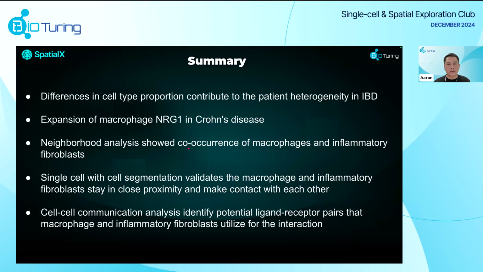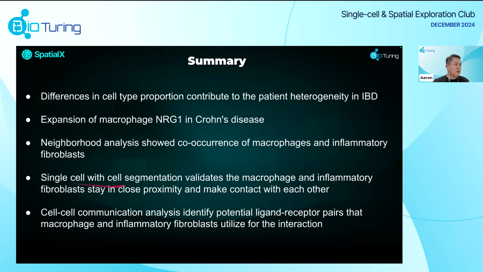That's one example that I showed you here, but from the neighborhood analysis you can get more information to explore other cell types potentially interacting in close proximity in the same area of the tissue, and then you can go to the cell-cell communication to analyze that.